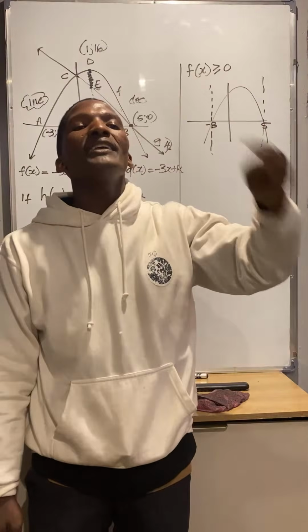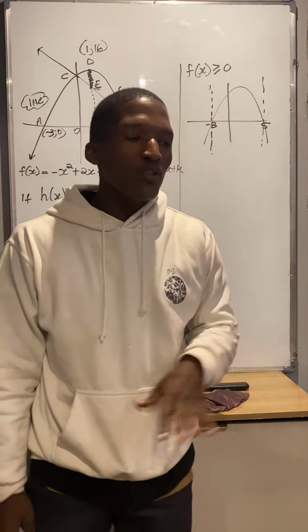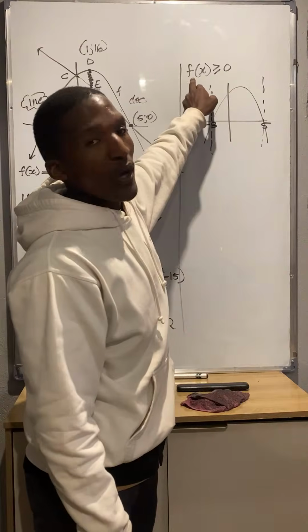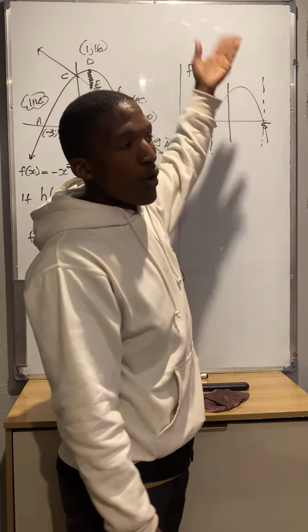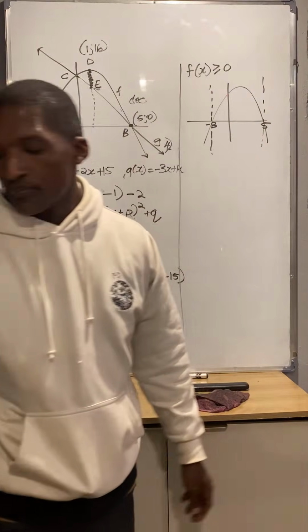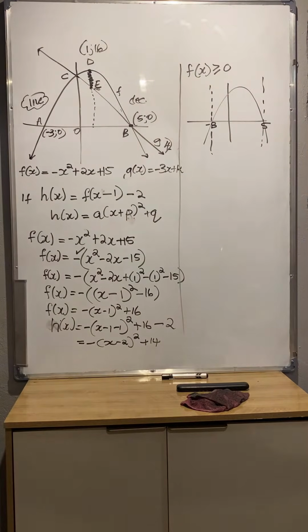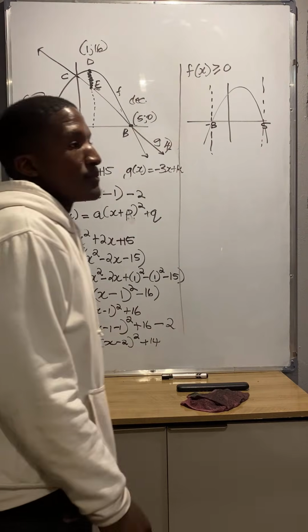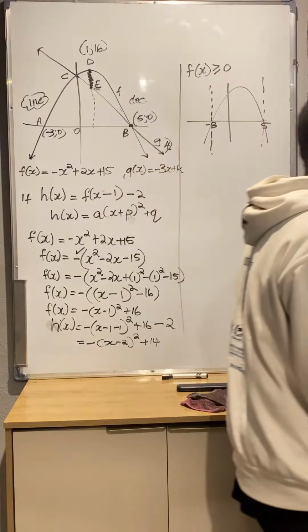Do we want it where it's at the top or at the bottom? Can you please show me on this one? Do you want it at the top or the bottom?